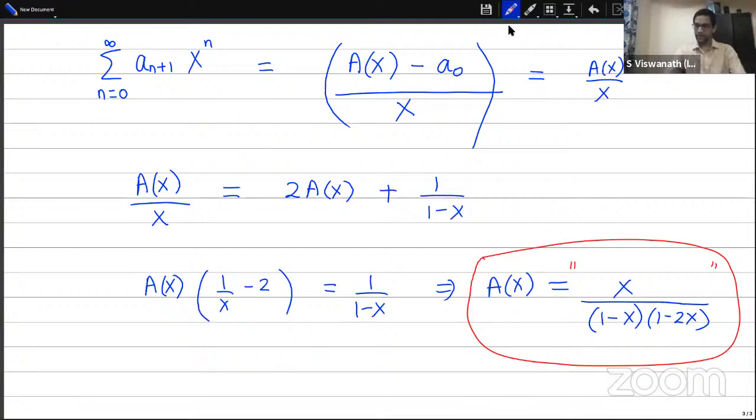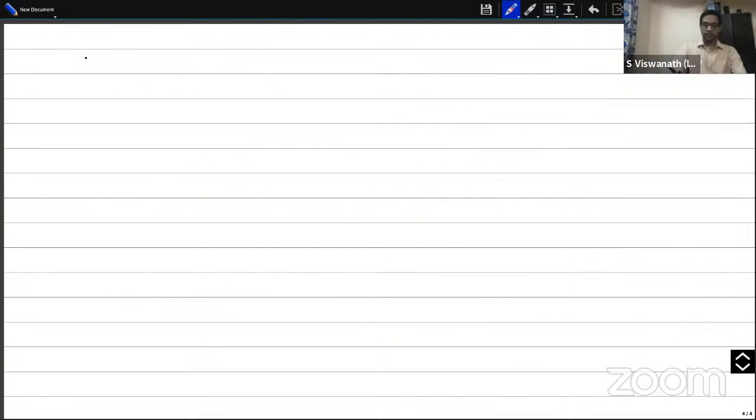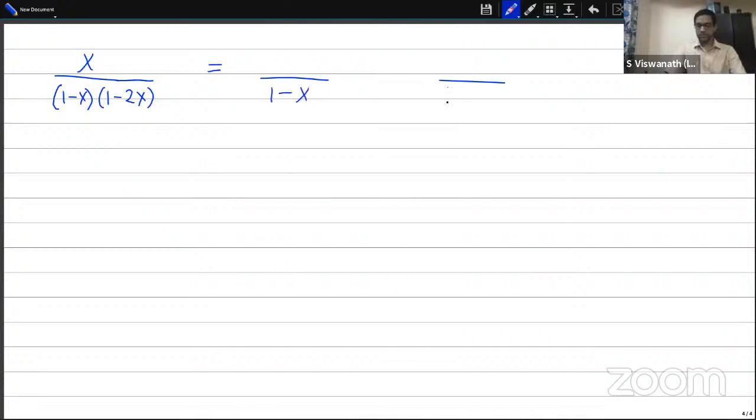So let's do that. So x over 1 minus x into 1 minus 2x. So what is that? Recall, this is what one does for partial fractions, right? You would say it's some a by this plus some b by this, and then you can find a and b by, well, what's the easiest way to find a and b?